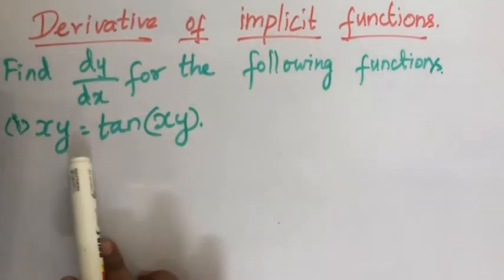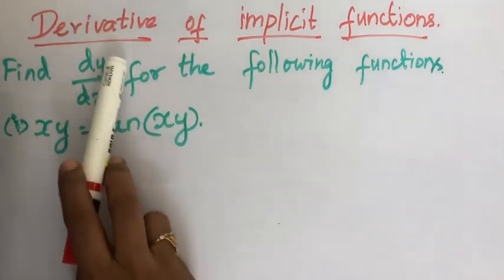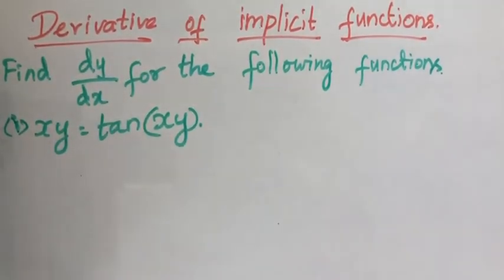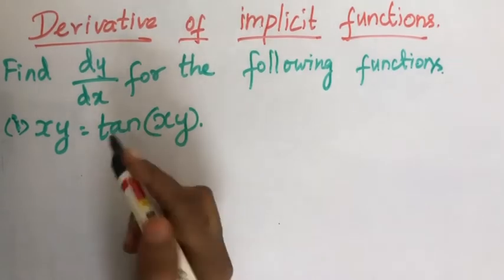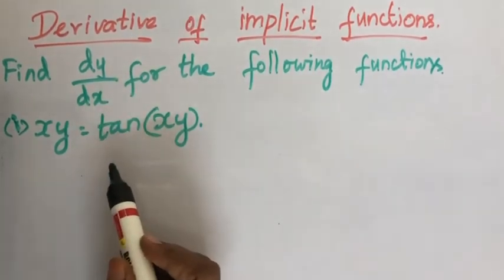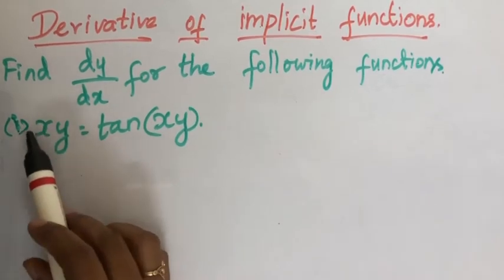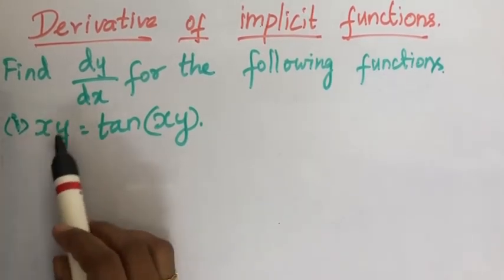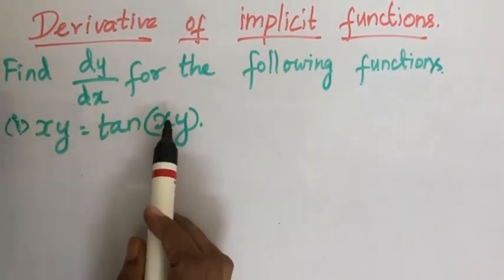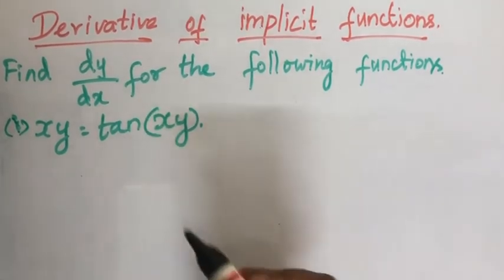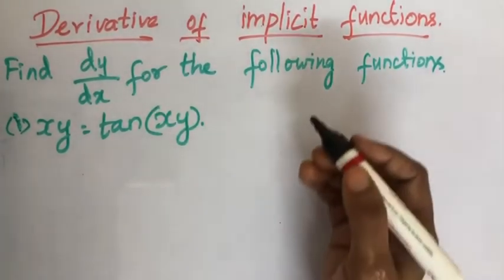We have to find the derivative. We have to find dy by dx. So with respect to x, we are going to differentiate. For the function of x, we are using the same differentiation method, the same standard formulas.